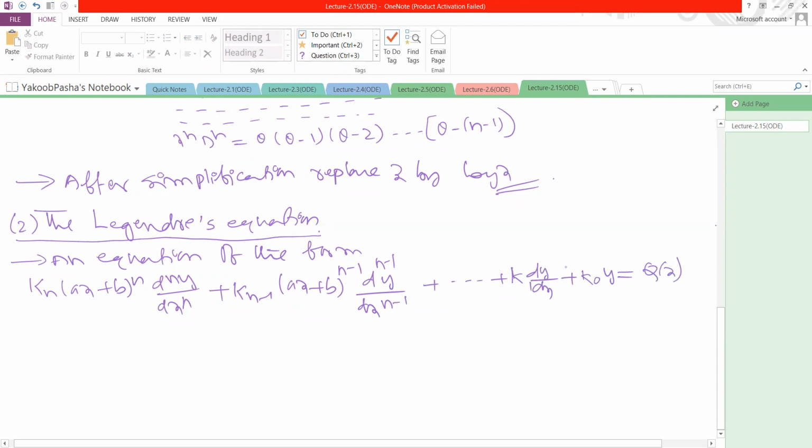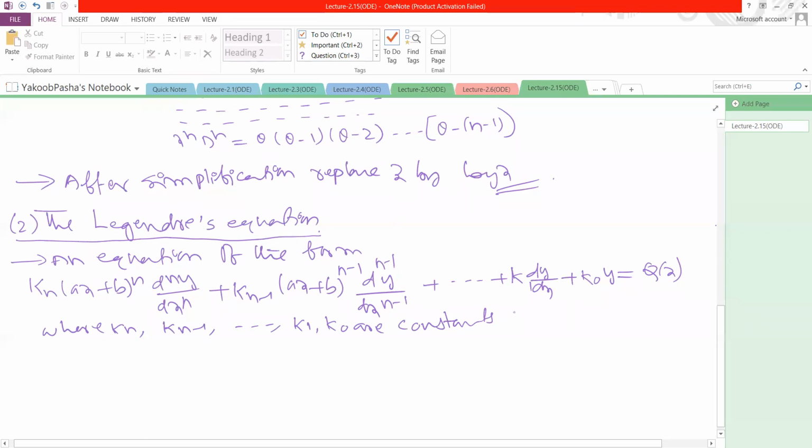This equation is called the Legendre equation, where kn, kn minus 1 and so on, k1, k naught are constants. Okay. Now this equation is called the Legendre equation.